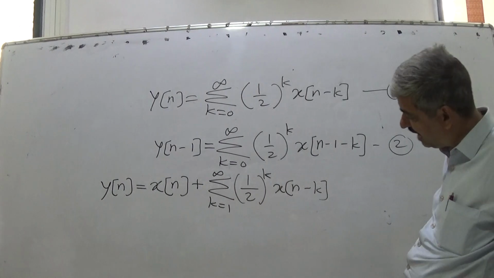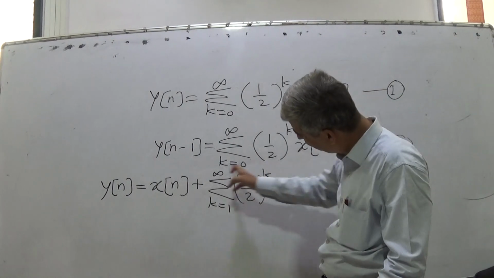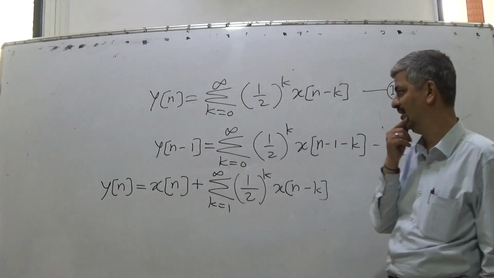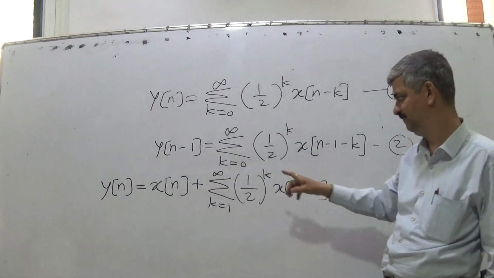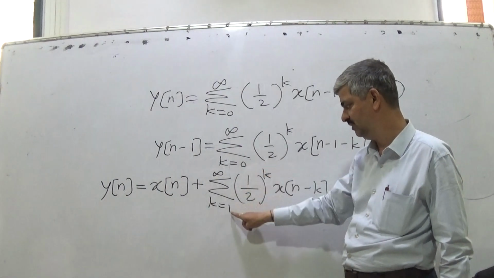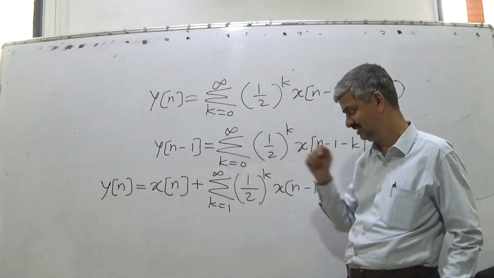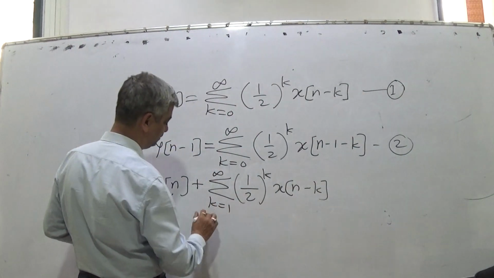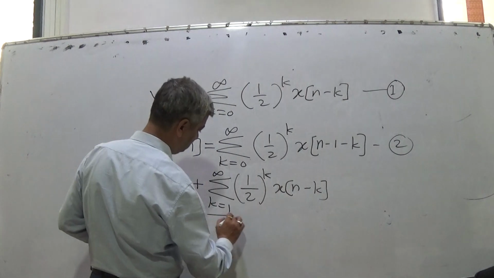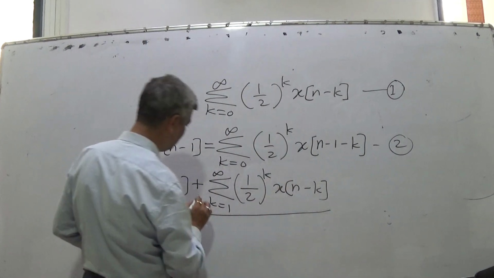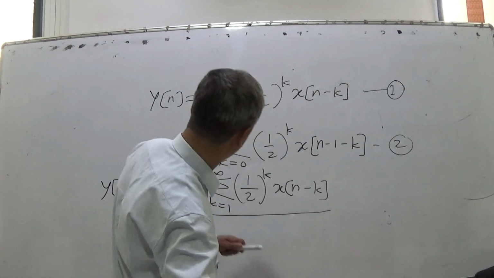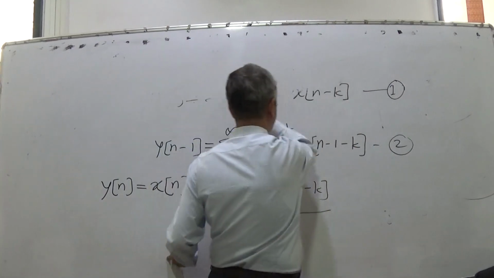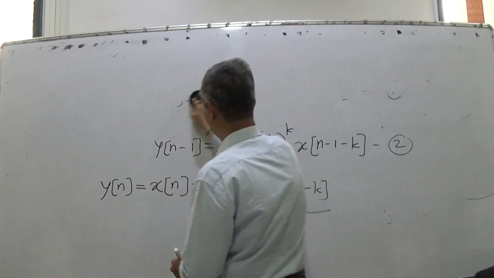Now I want to see whether I can express this in terms of this. So how can I do that? One thing is that this is 0, so it is 1, so I need to replace that. I will rub this out; you can go back and watch any time.